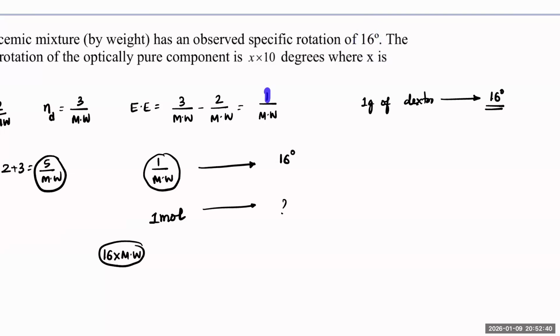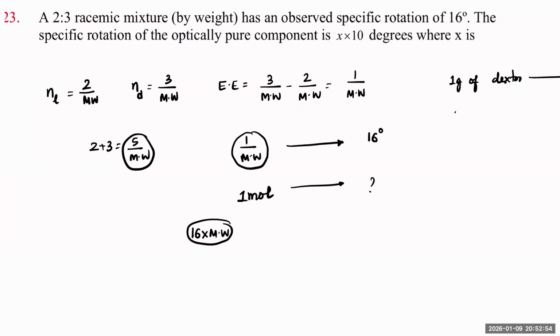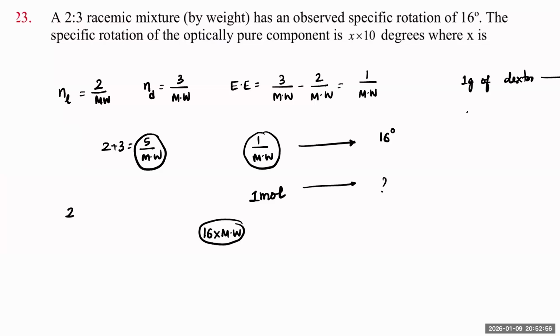But that 1 gram, because out of this 3 minus 2, 1 gram is what you will have for dextro. Now I need to check for the pure amount of dextro. So pure amount of dextro means how much we have. Check in terms of the total mass here. So let's say this is the mass ratio. So I can write it as 2 into x grams is the weight of levo and the weight of dextro is 3 into x grams. This is in grams.